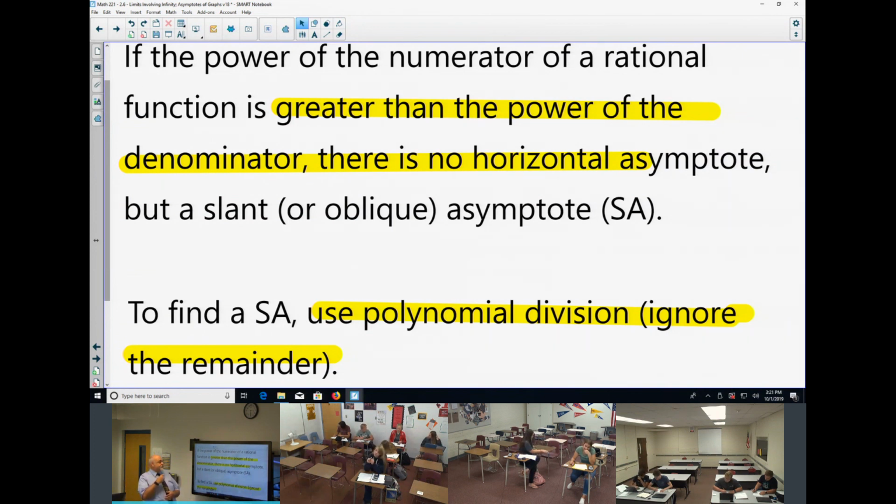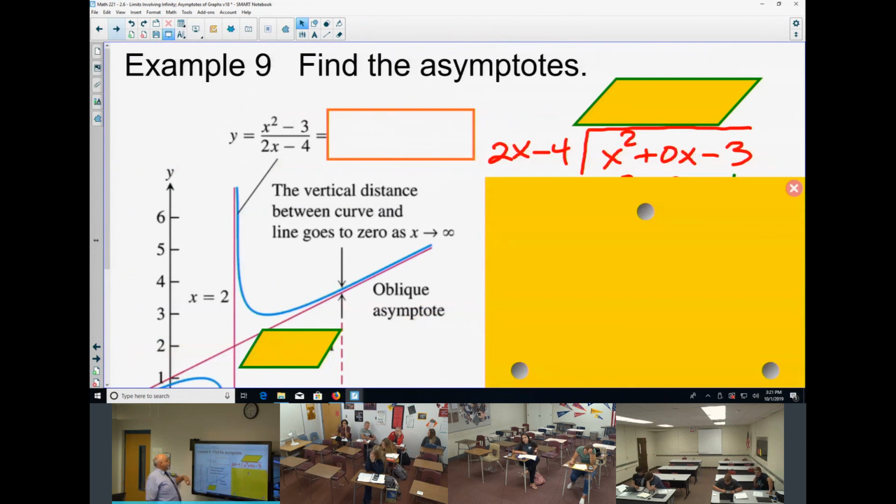Okay? So, let's review polynomial division. All right, so let's say I'm trying to find the slant asymptote for this, or oblique asymptote. See how the power is bigger in the numerator. So when that happens, there's no horizontal asymptote, but instead there's an oblique asymptote.